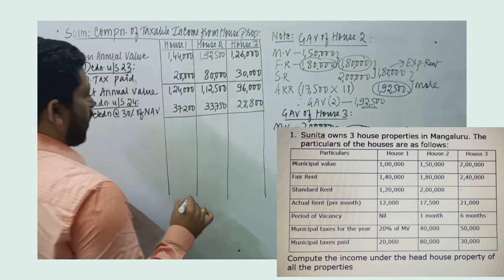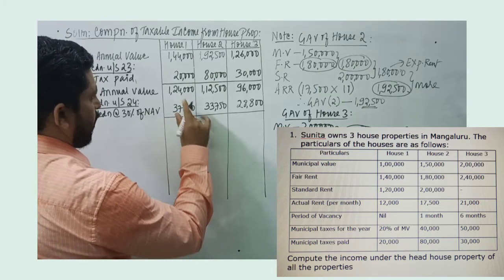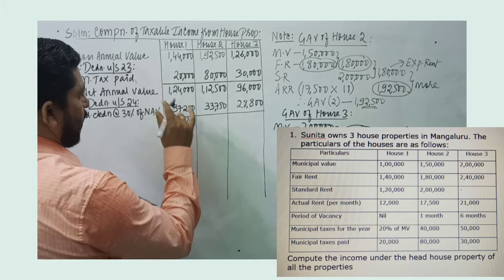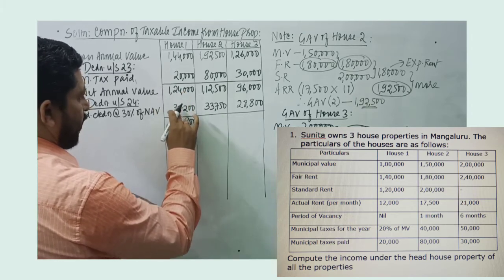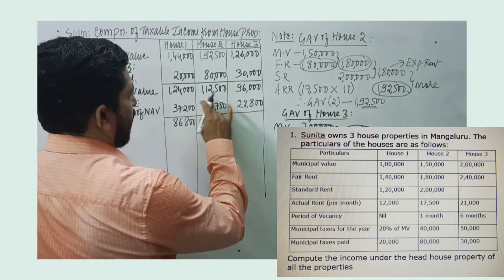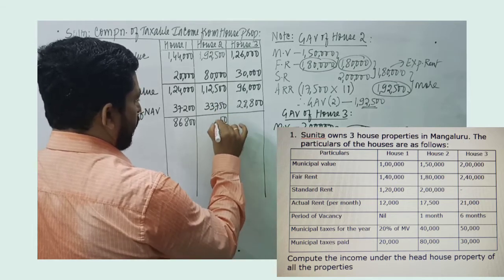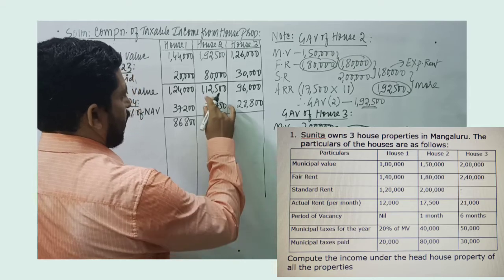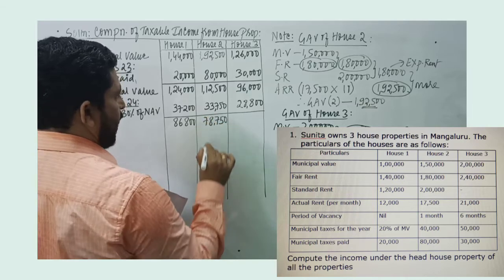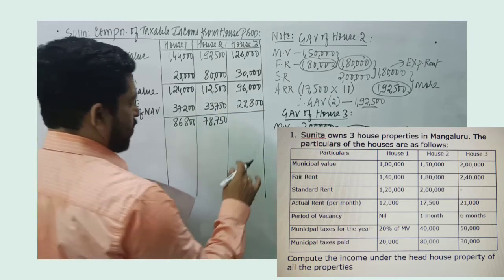So what we will do is we will deduct. From 1,24,000, deduct 37,200. We will get 86,800. Then we'll have 1,12,500 minus 33,750. So this will be 78,750.